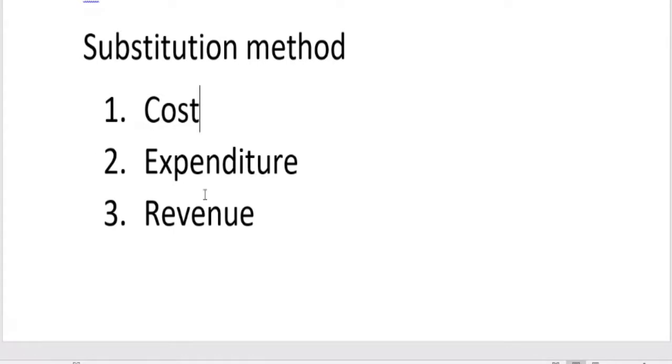If I say cost, expenditure, and revenue, I think there is no difficulty in understanding that revenue is equal to, right, your total cost plus expenditure. No, not cost plus expenditure. How do you get the revenue value? What would be your revenue?